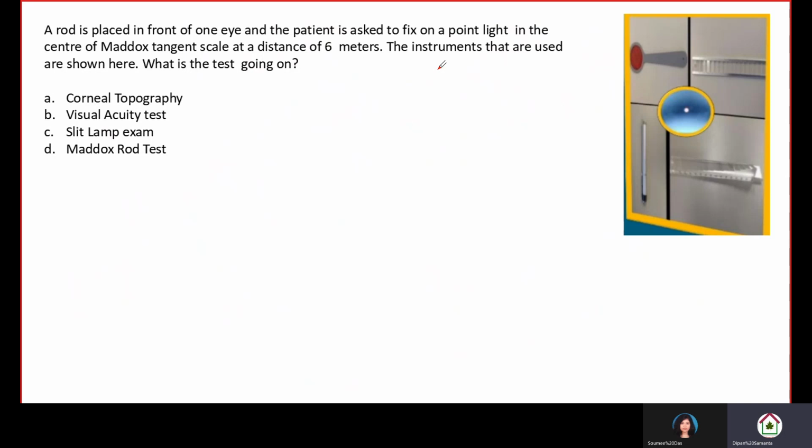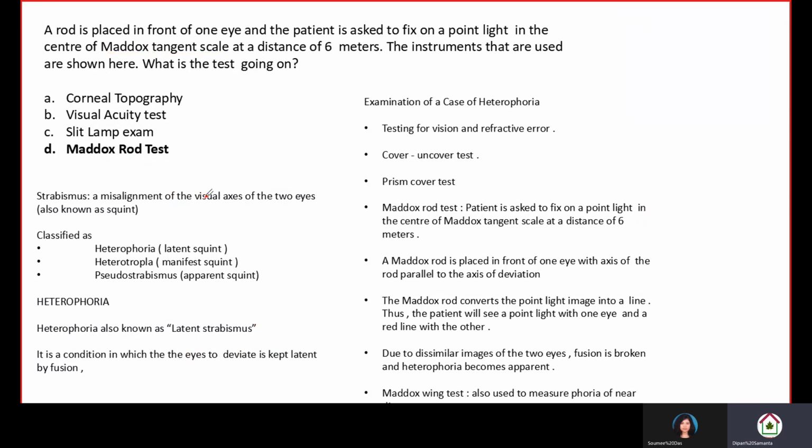So this type of question will come. Sometimes it's difficult, sometimes it's easy, and they have already named the Maddox tangent scale, and you can see Maddox rod test written there. But you must know the whole thing, what is going on, and the instruments, especially this. So in this case the answer will be Maddox rod test, but sometimes you need to know overall.